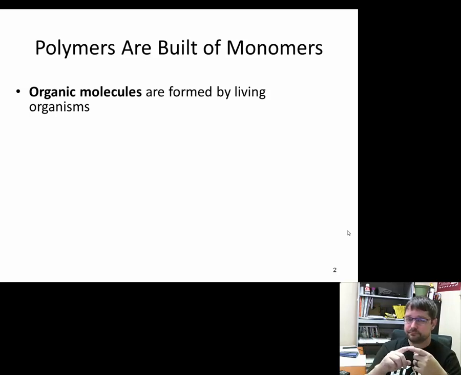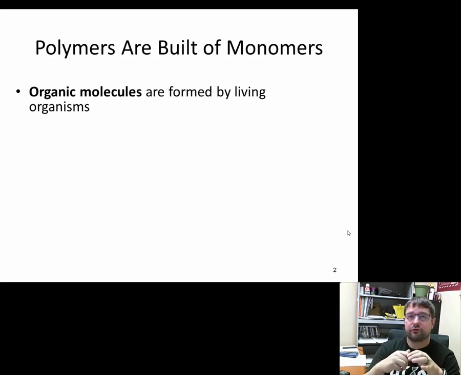In some cases, they're utilized for energy, when we talk about things like carbohydrates. In other cases, they might be used to build muscle, or tissue, when we talk about proteins. In some cases they're utilized to code for those proteins or amino acid chains, and we talk about DNA in that case.